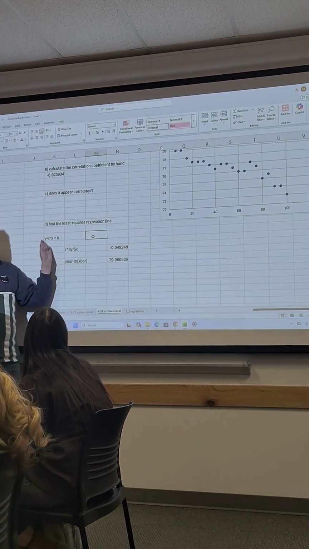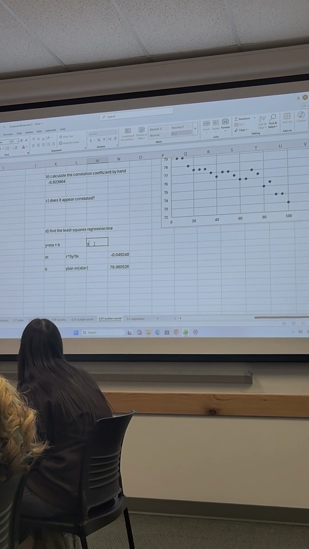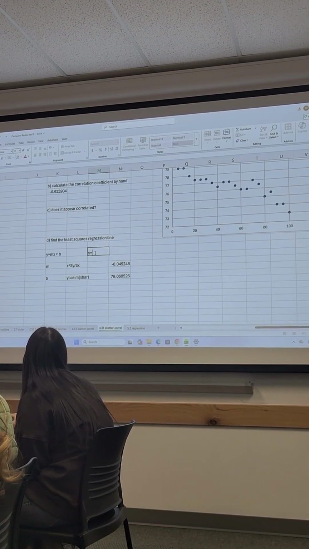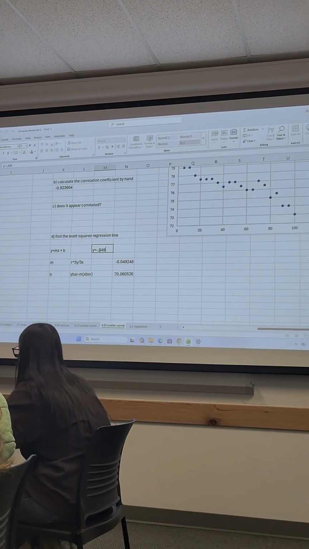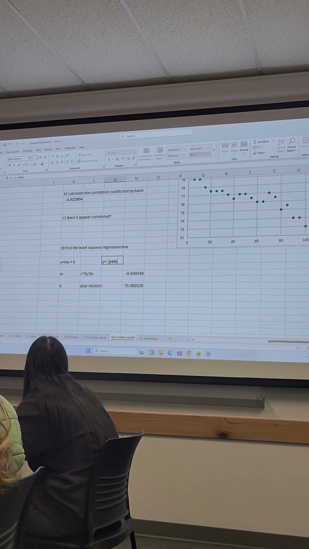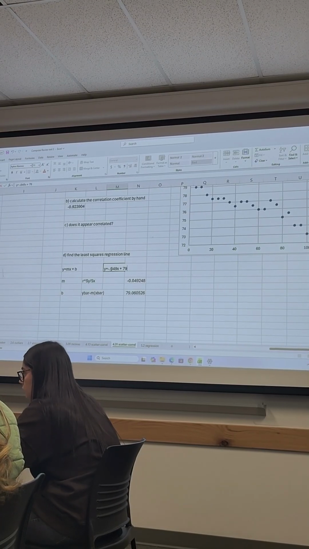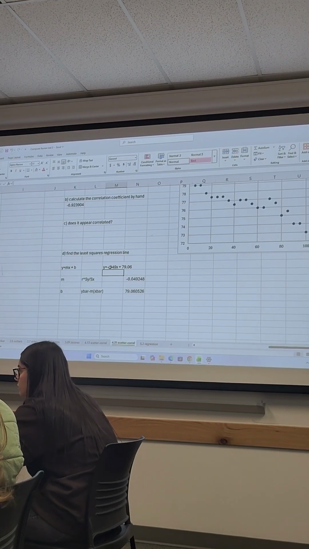What's the equation that this should be? Y equals negative 0.049 x plus 29.6. That's good enough. Okay? Now you can check your answer.